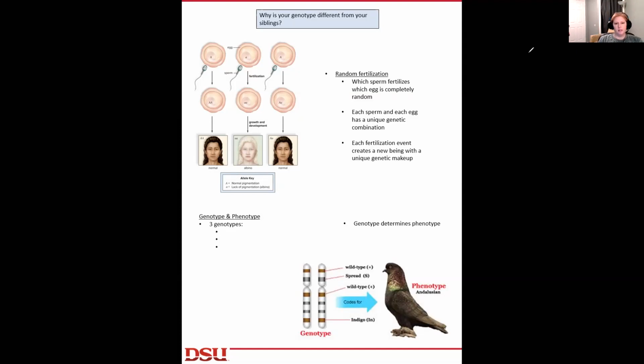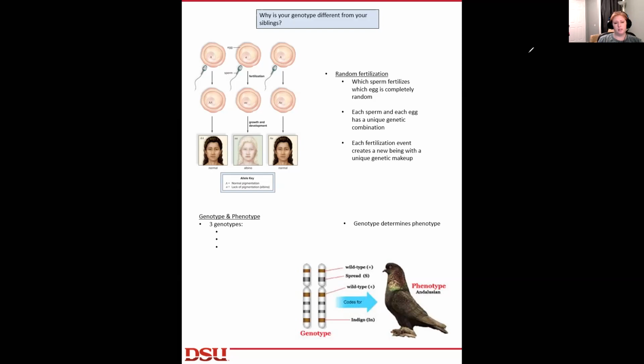Then I told you that if you'd been conceived at a different time, you wouldn't look like you as you are right now. You had a 1 in 64 trillion chance of being exactly as you are right now. And that has to do with this process of random fertilization.